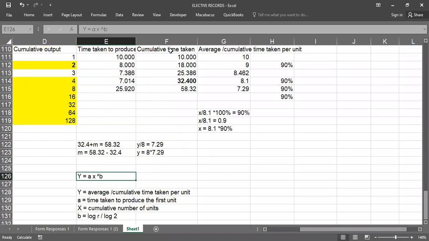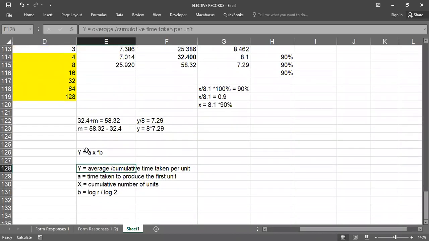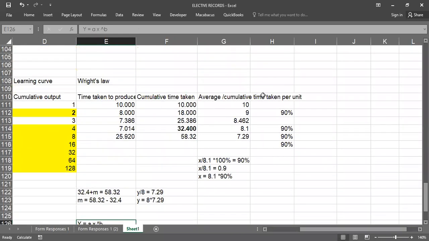So to apply it on the table, our Y in the formula is actually this Y here.